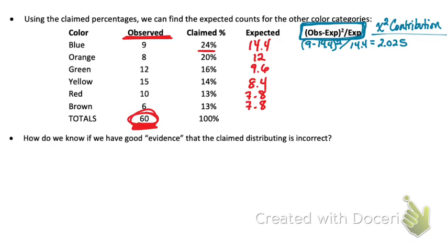All right, let's look at the chi-squared contribution for orange. 8 minus 12 squared divided by 12. What do you get? Oh, 1.33 forever. All right, and next, we're going to get the chi-squared contribution for green. 12 minus 9.6 squared divided by 9.6 is 0.6.